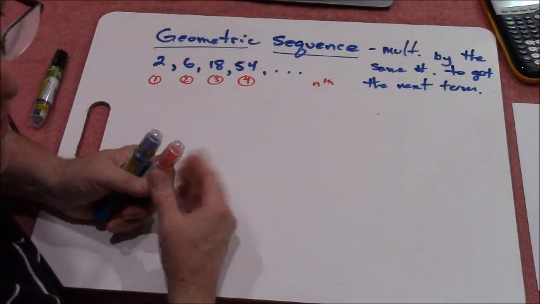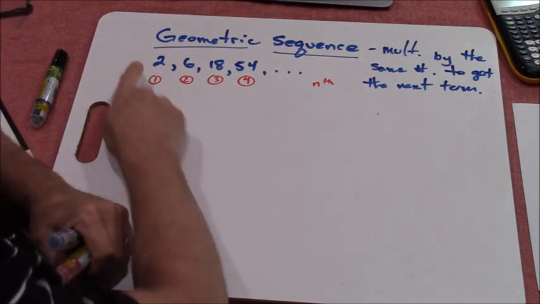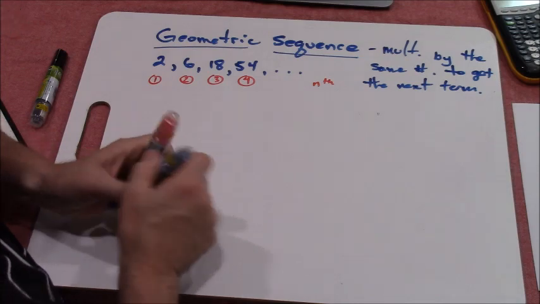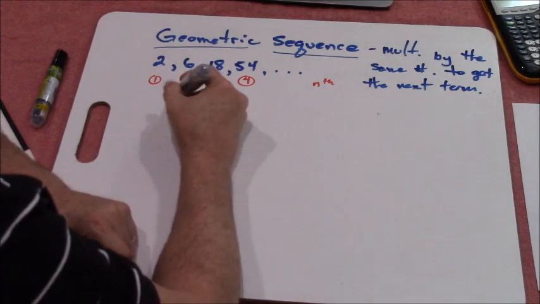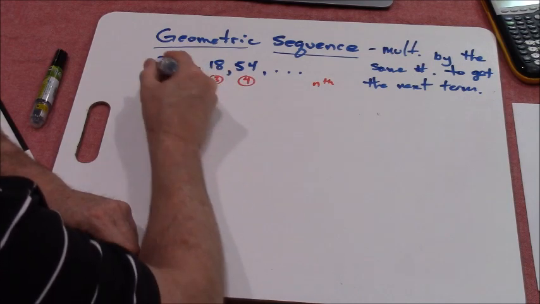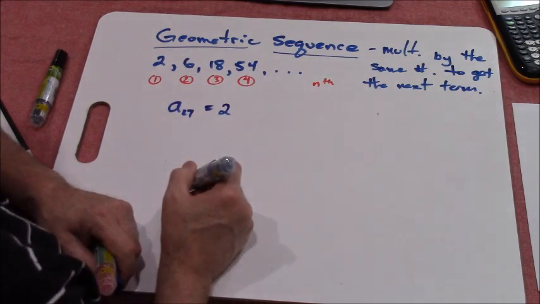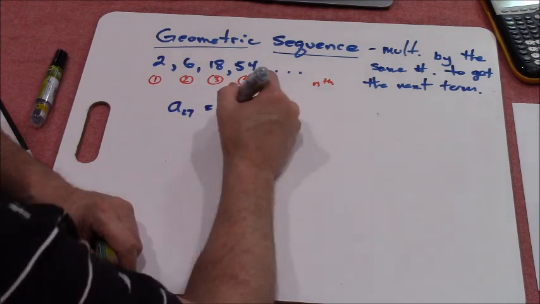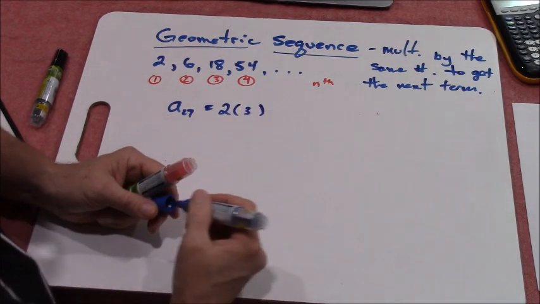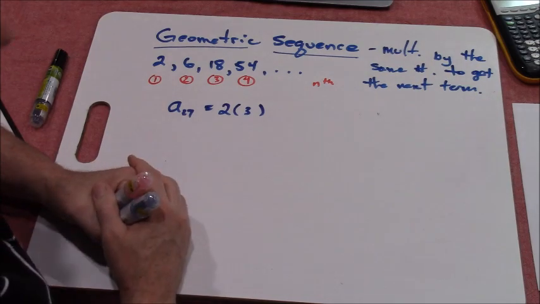Well, kind of like with the arithmetic sequence, we have a place where we start, which in this case is 2. So I would say that a sub 27 is going to equal, we're starting with 2, but this time we're multiplying, and we know we're multiplying by 3.